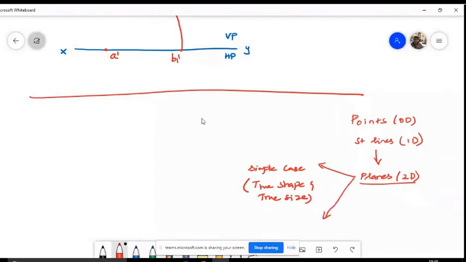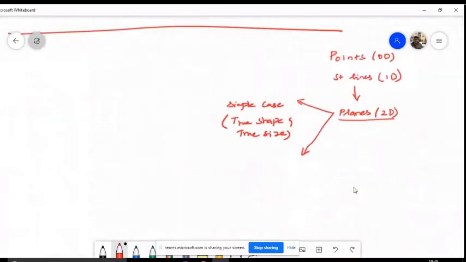Whereas if you are not able to see the true shape in the front view and top view, then it is called planes with surface inclination. If a plane is having surface inclination, then you will not see the true shape in either the front view or top view.